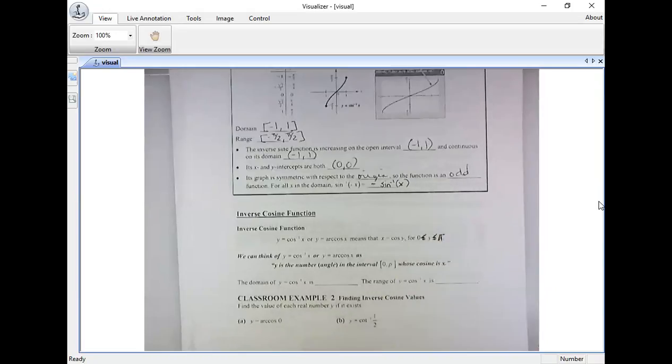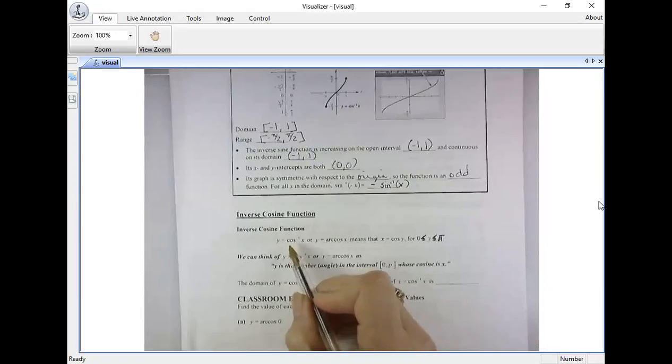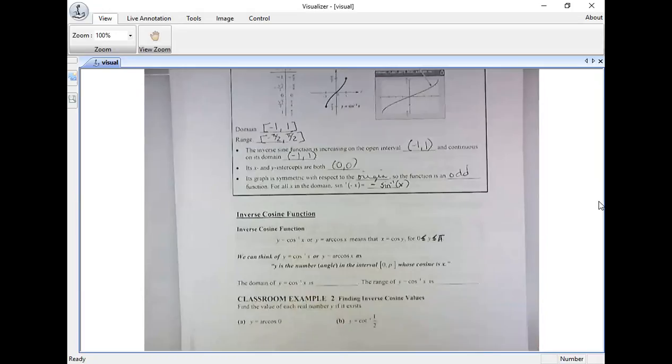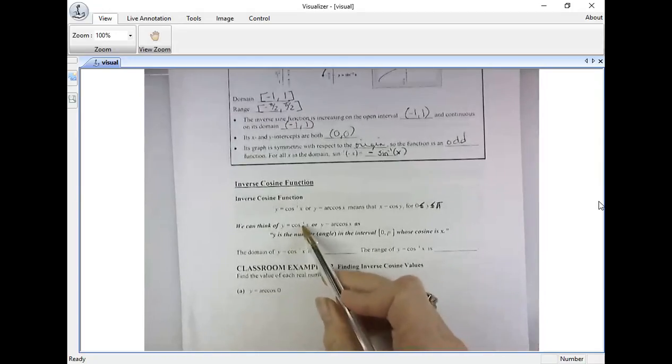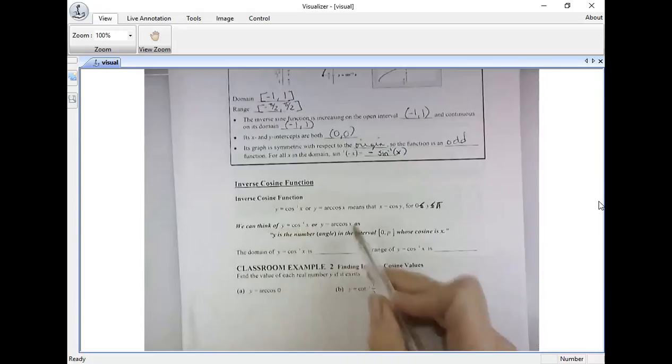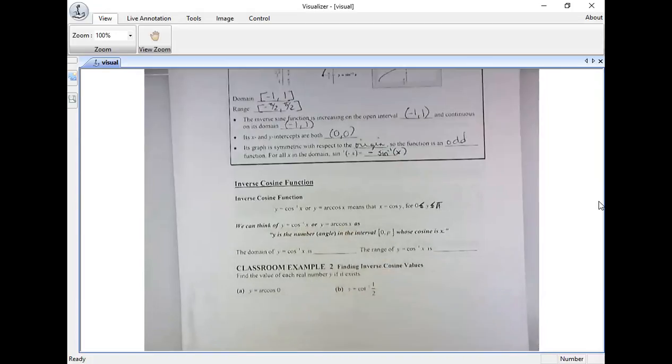But we already discussed the fact that since cosine is negative in the second quadrant, we would want to restrict our function to be quadrants 1 and 2 with cosine.